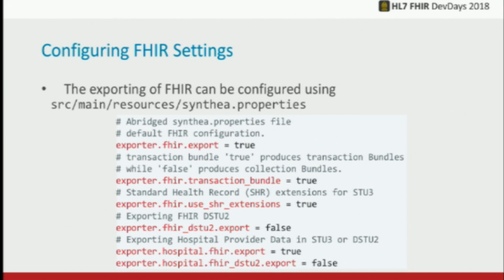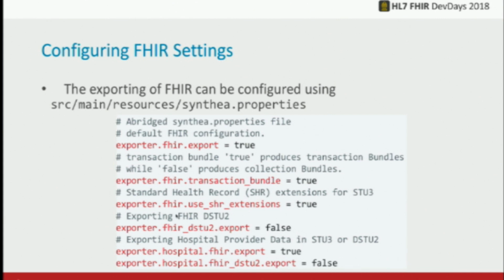We produce extensions that we can add, and those are on by default, but you can turn them off, where all these different types of extensions will get outputted into the patient as well. You can turn on STU2, so you can output STU2 and the STU3 resources simultaneously if you want to.